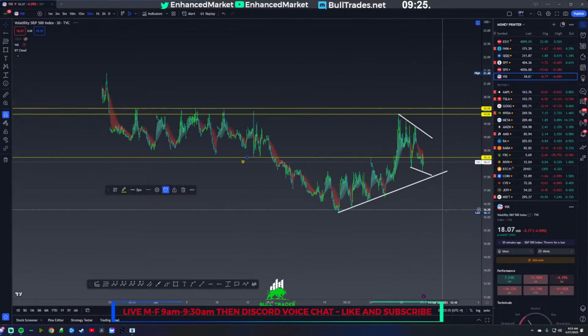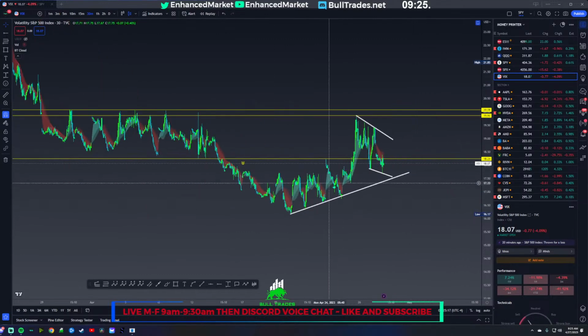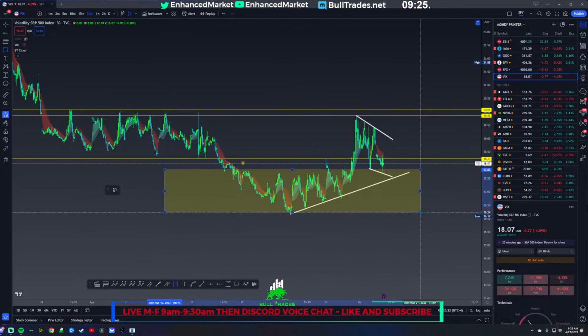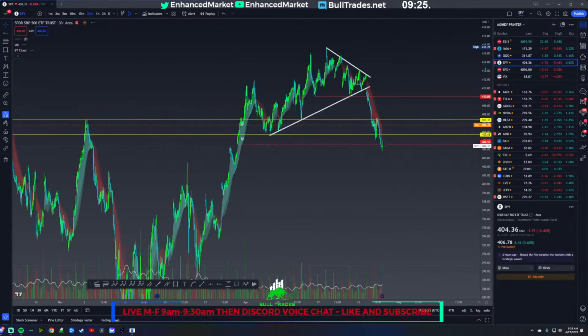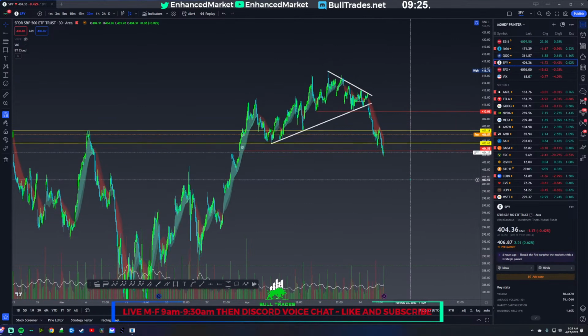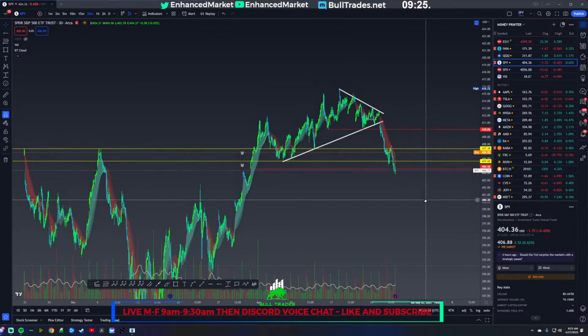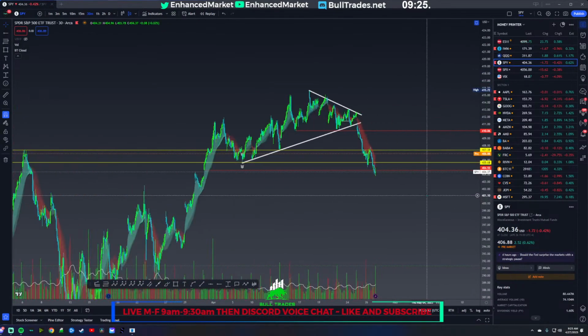We have huge room below that's going to act as support. All this price action that we chopped back and forth, probably it's going to take a lot to push through, meaning SPY to the upside is going to be tough. But we'll see. Always have a plan. If you don't have a plan, good luck.